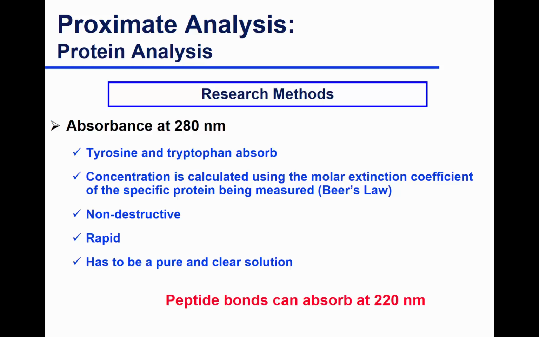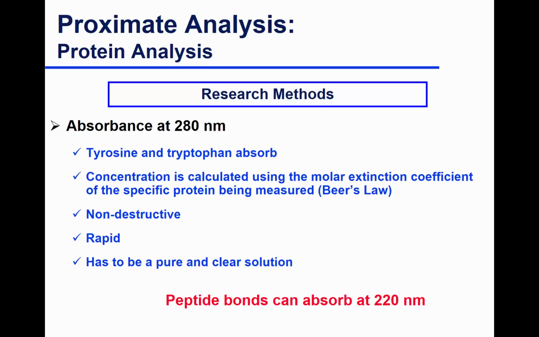Or this might be used when you're using HPLC detection. You know, the UV detector on there can help you identify the protein peak. What is nice is it's non-destructive. So if you're trying to get some ratios of proteins using the standard curve and concentrations, you're not destroying your sample.